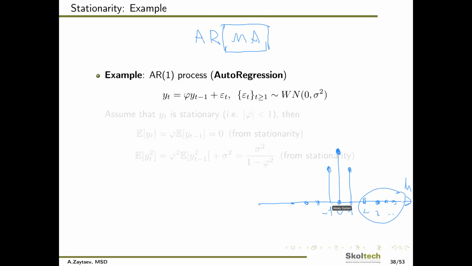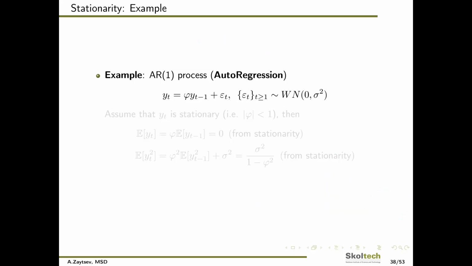So we need another model to describe this type of behavior, and this type of model is autoregression. If you look at ARMA again, we considered the moving average part of the model, and now we consider the autoregression part of the model, AR.